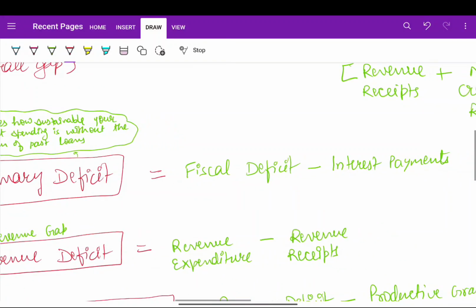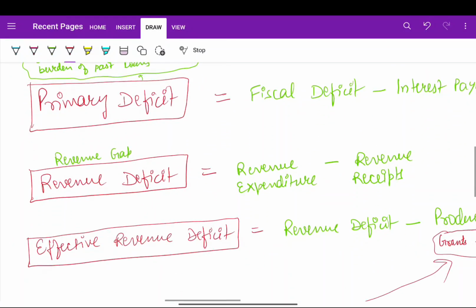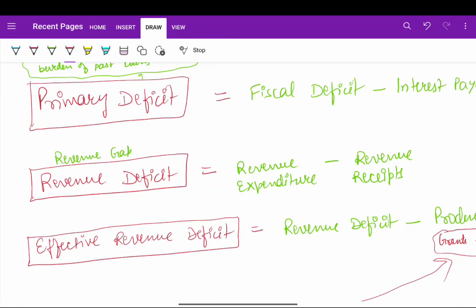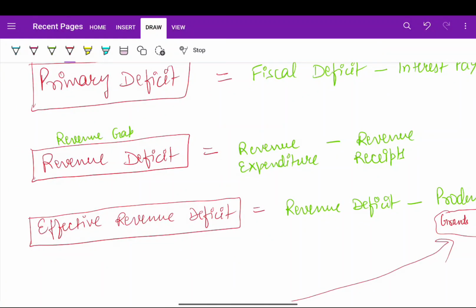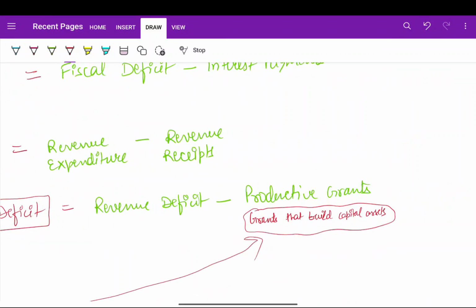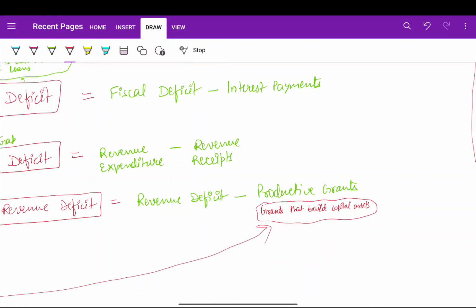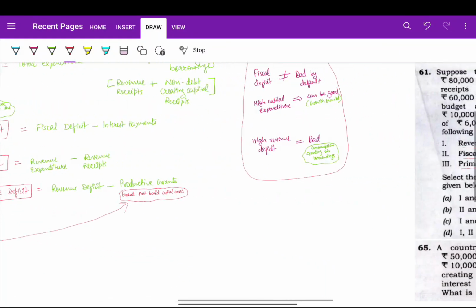And therefore, we remove any interest payments that we are making on the past loans from the fiscal deficit, and that gives us the primary deficit. Next is revenue deficit, which is revenue expenditure minus revenue receipts, and then effective revenue deficit, which is revenue deficit minus productive grants, which are grants that build capital assets.